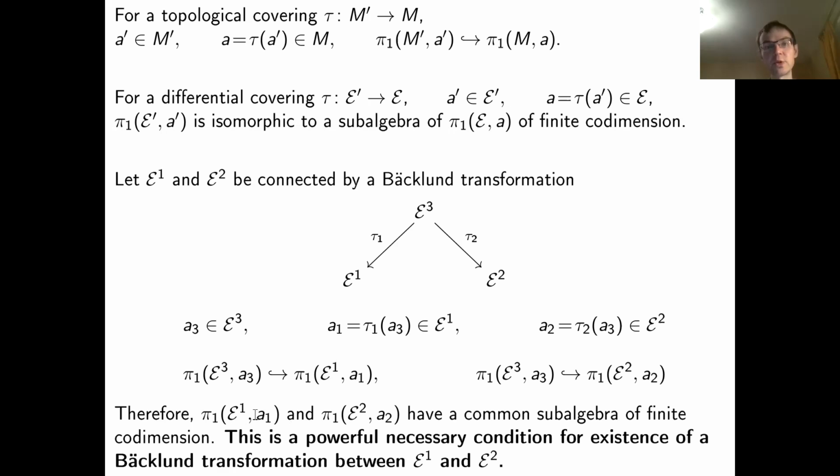We get here two infinite dimensional algebras which have a common subalgebra of finite codimension. This is a powerful necessary condition for existence of a Bäcklund transformation between E1 and E2. So the necessary condition reads as follows: if E1 and E2 are connected by a Bäcklund transformation, then the fundamental algebra of E1 and the fundamental algebra of E2 have a common subalgebra of finite codimension.